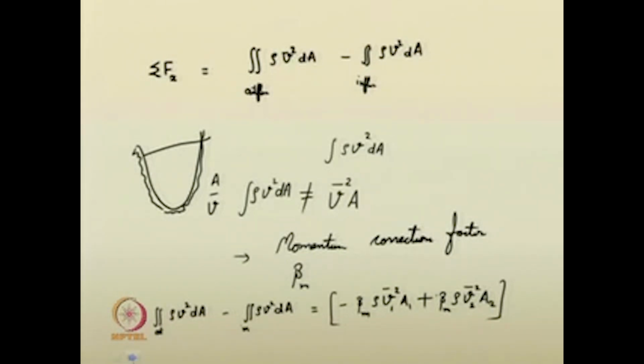So, beta m and rho can be taken out in this expression. So, you will get this equal to beta m rho into V 1 squared A 1 plus V 2 squared A 2.